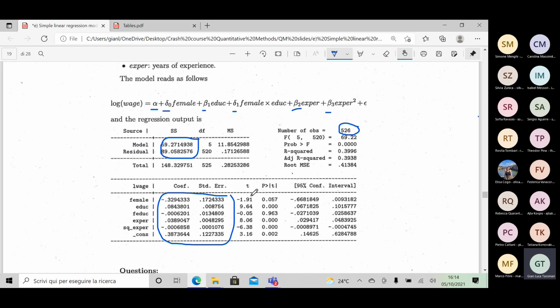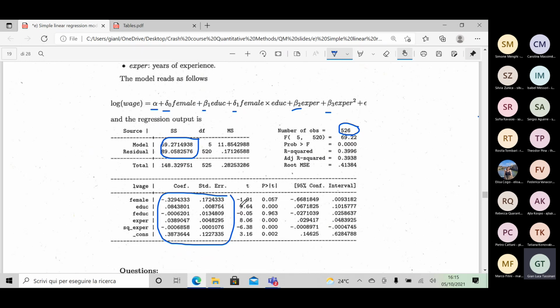In particular, this one is the observed value associated with the statistic test used to test if the coefficient of female, which is delta 0, can be considered significantly different from 0. That is the statistic test associated with the hypothesis delta 0 equal to 0 against the alternative delta 0 different from 0.